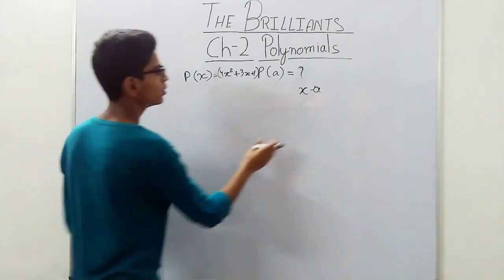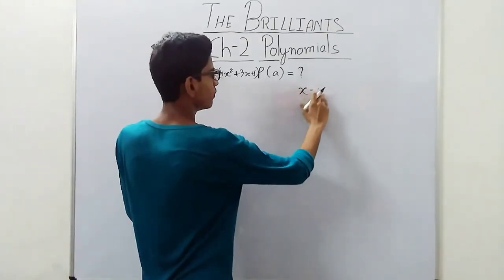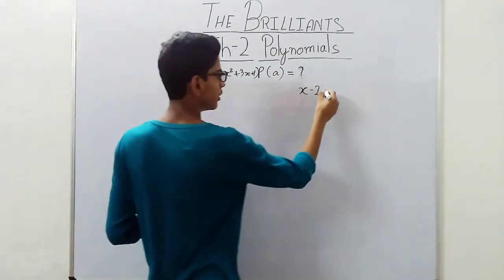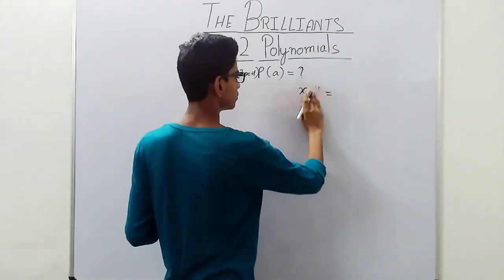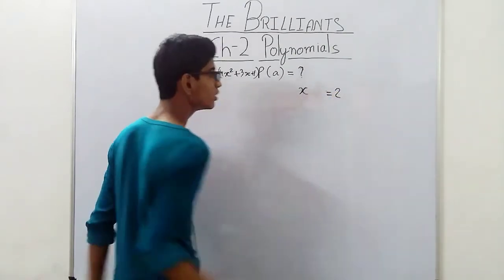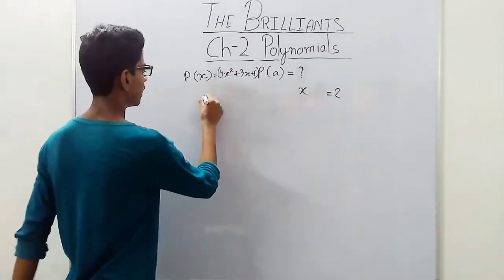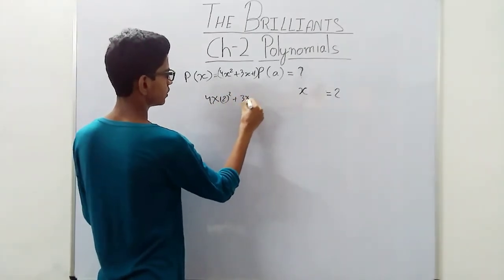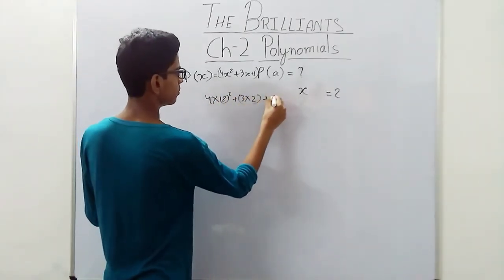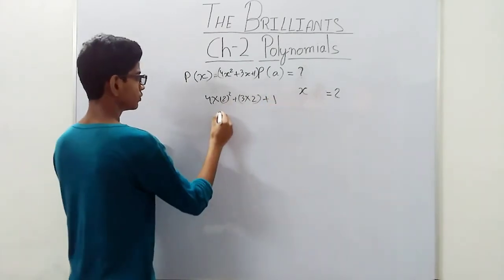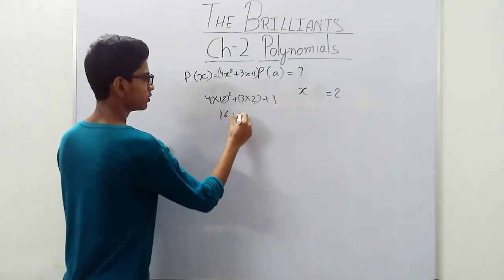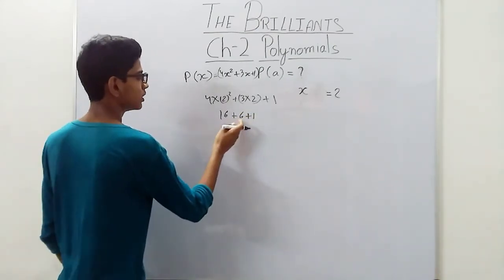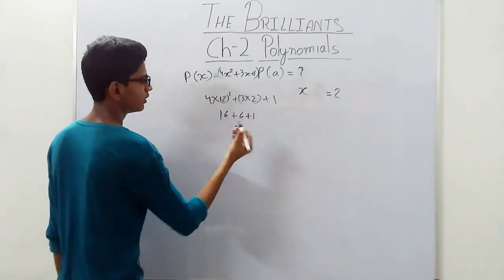Understand? So if the divisor is x minus 2, the zero of x minus 2 will be 2, x is equal to 2. Now we will put the value 2: 4 times 2 times 2 is 16, plus 3 times 2 is 6, plus 1, so it will be 16 plus 6 is 22, plus 1 is 23.